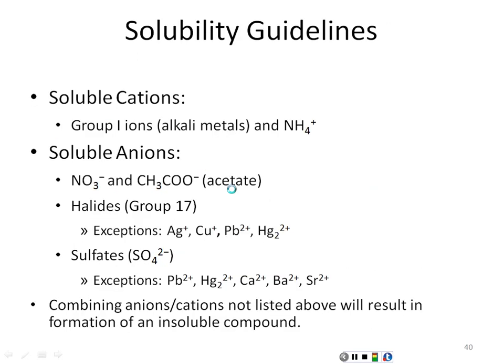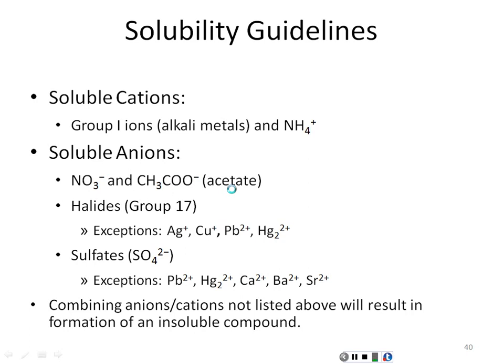So what are some of the guidelines to follow for solubility? Soluble cations: Group 1, the first column in the periodic table, known as alkali metals, they're soluble, as well as NH4+, ammonium. The ammonium ion is soluble. What about anions? NO3-, nitrate, and CH3COO-, which is acetate. Those are soluble anions.